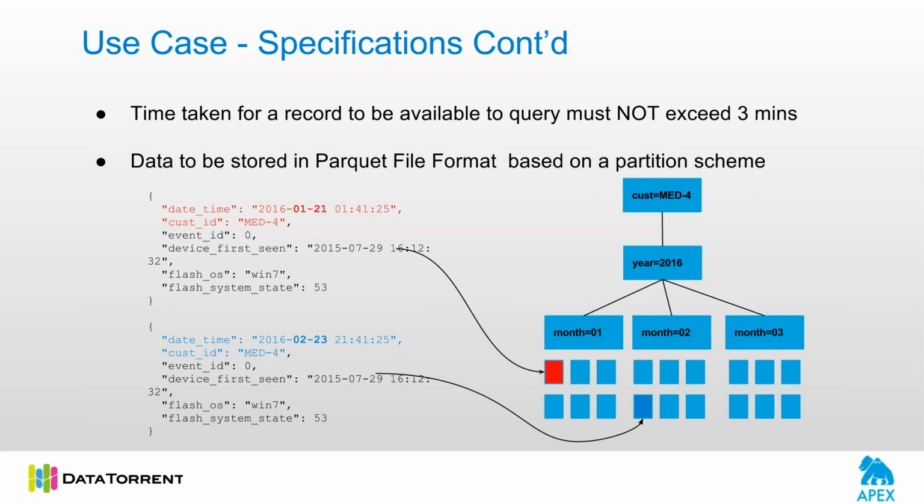As you can see here, the first record is of 21st, the first month. So all the records which have that day and belong to customer mid-4 would go under the month 01 directory.